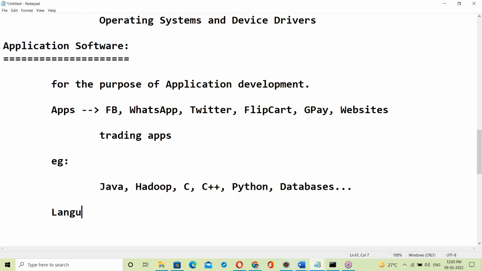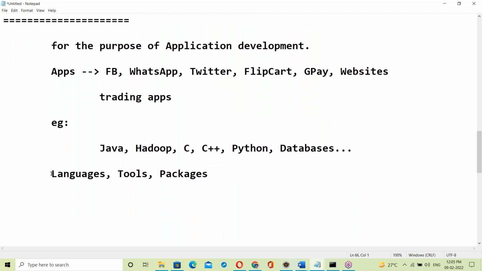Some languages, some tools, and some packages. Languages like Java, C, C++, Python, HTML, Perl scripting, PHP scripting, so many languages.